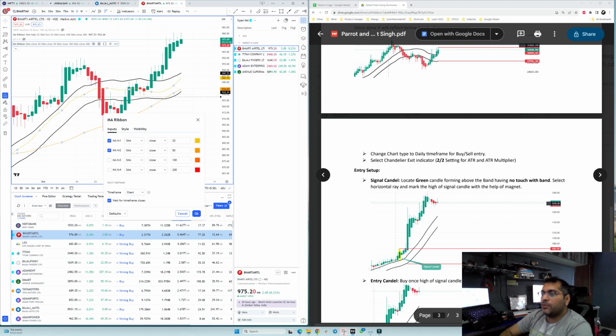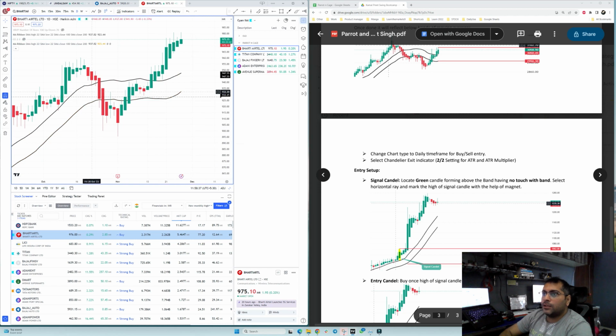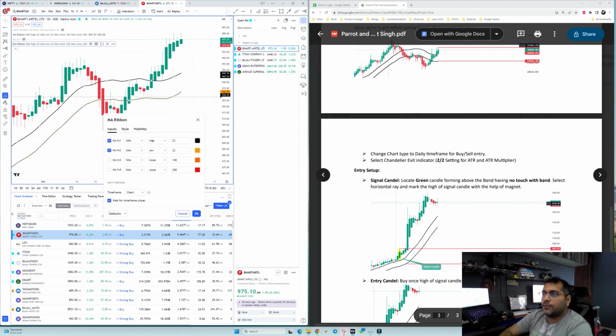We will use simple moving average. We will choose high and a 22 day period. The second one, simple moving average, low, and again 22. And we will select a black color for both of them.